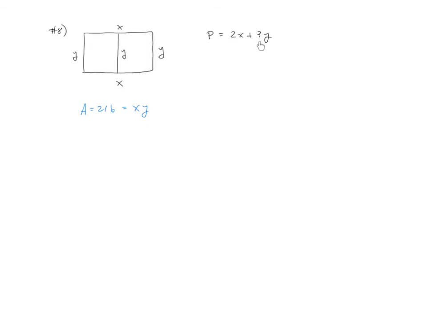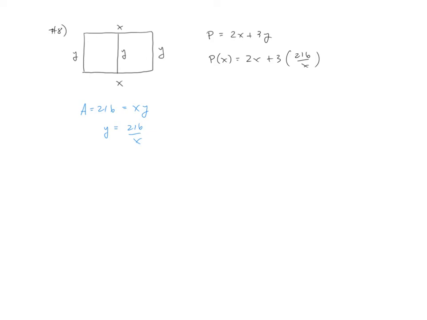We want to get it down to 1, so we're going to substitute the constraint into that. Well, to do so, I'll probably go ahead and solve for a variable. So let's say y is equal to 216 over x. And now I've got my p of just x up here. So 2x plus 3 times 216 over x. Okay, so we've got our function.